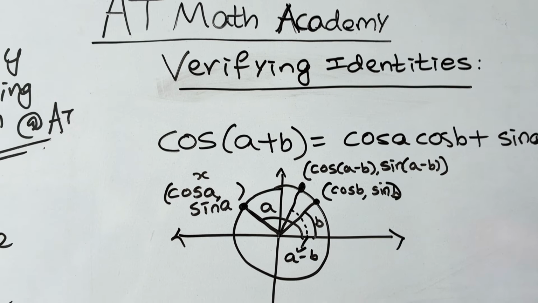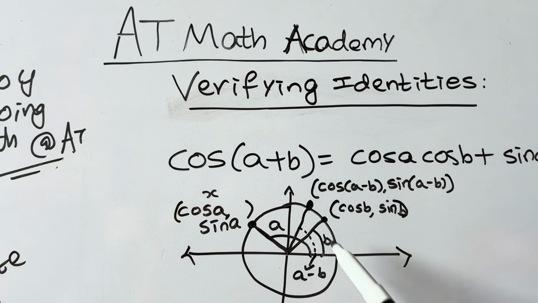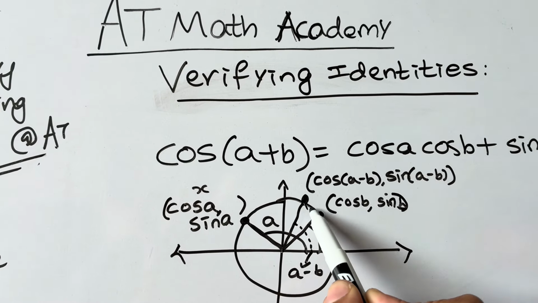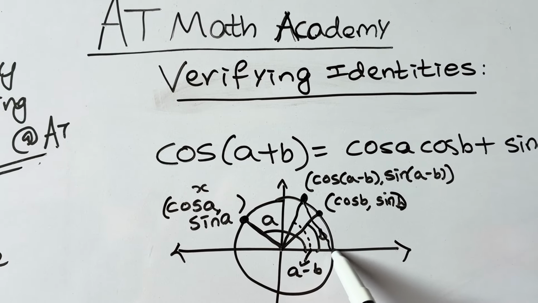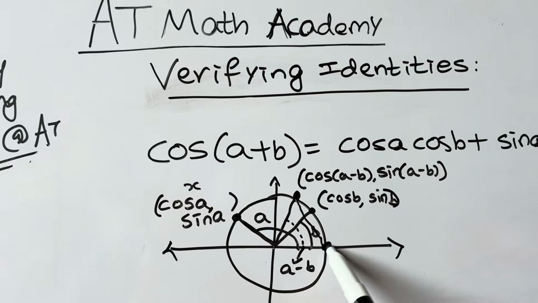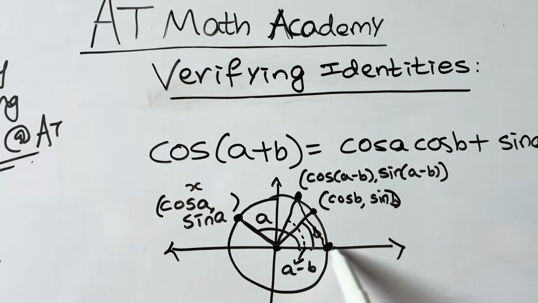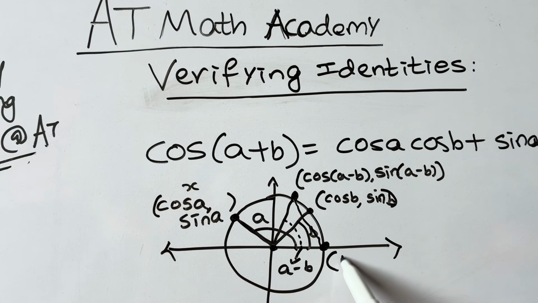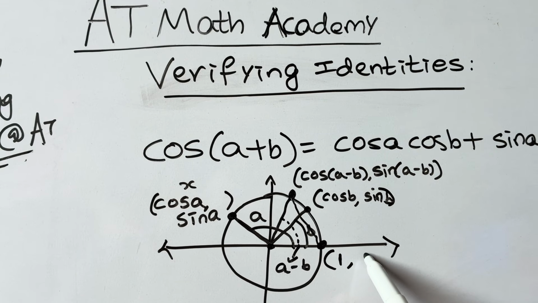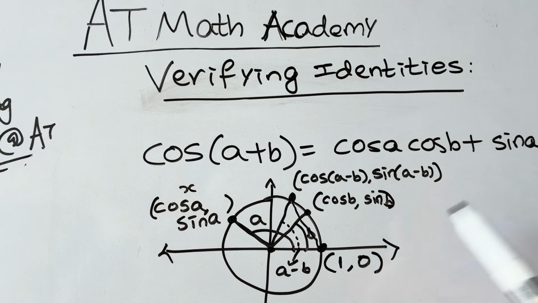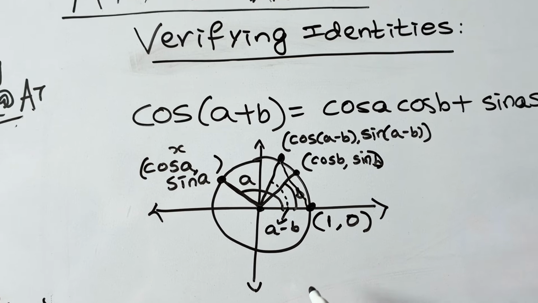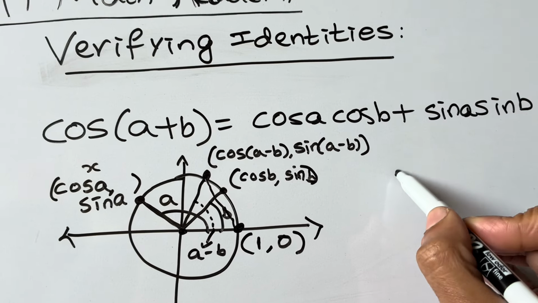Okay, and as this is a unit circle, everything that is dropping down here, this radius length from the axis to this point is 1, and this is on the x-axis, so the y-coordinate is 0. So I'm just going to redraw the coordinates here again.